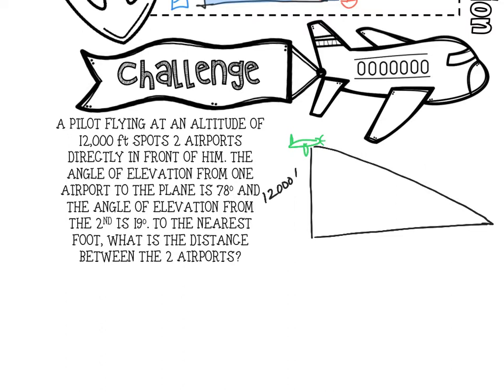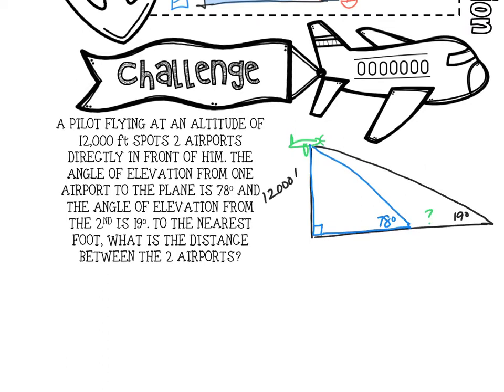And that first airport, my furthest airport, is 19 degrees. He spots a closer airport right here. So again, here's our right angle. This is 78 degrees. And so they want us to find the distance between them. Put a question mark right there.